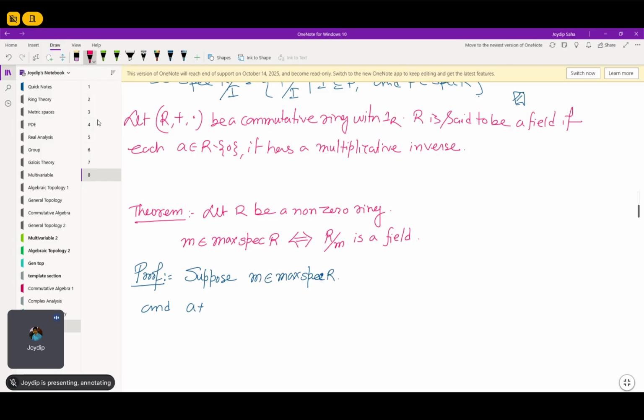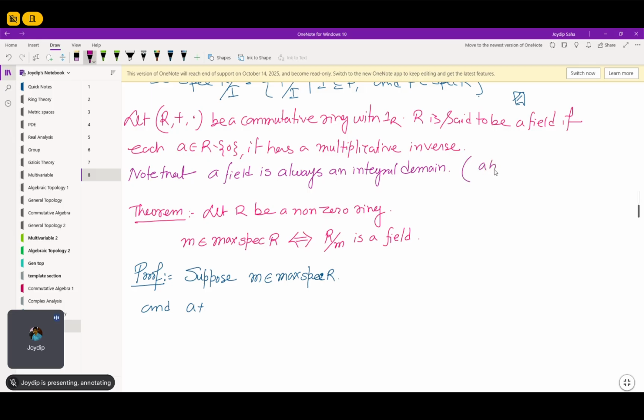Note that a field is always an integral domain.